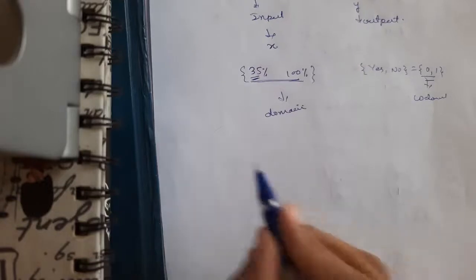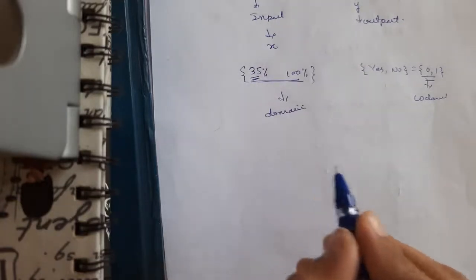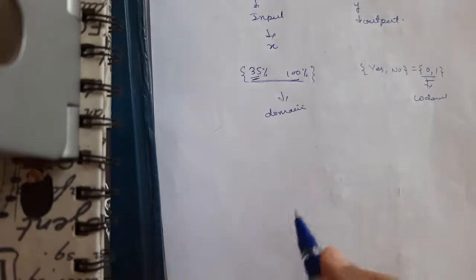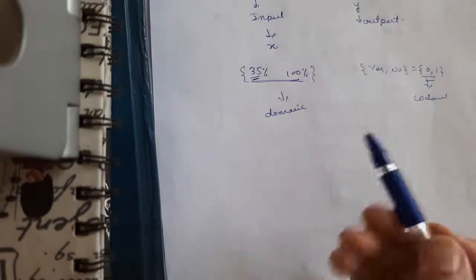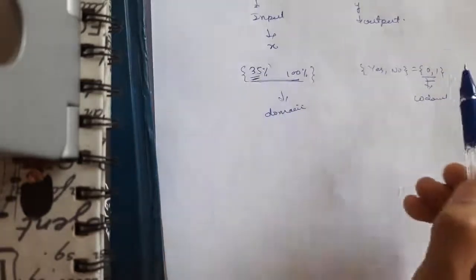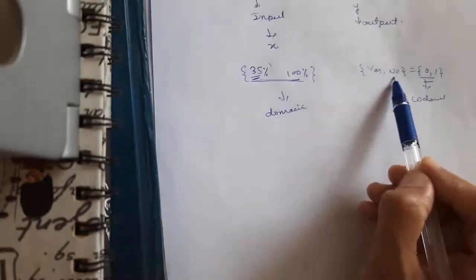Simply, a function is a relationship, but a special kind of relationship. We need exactly one output for one input. For the same input we cannot have two outputs. For example, I feed the percentage 35% and at the same time I get yes and no both. This is not possible.